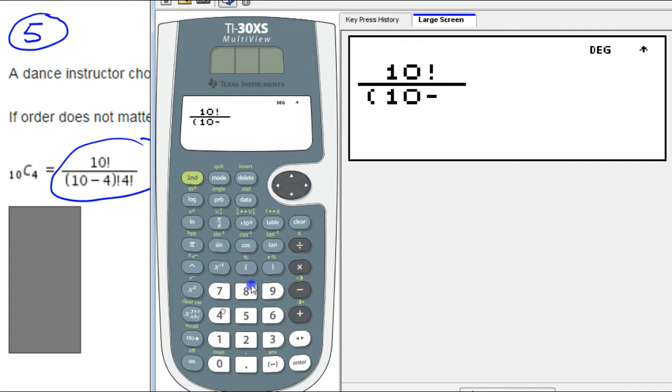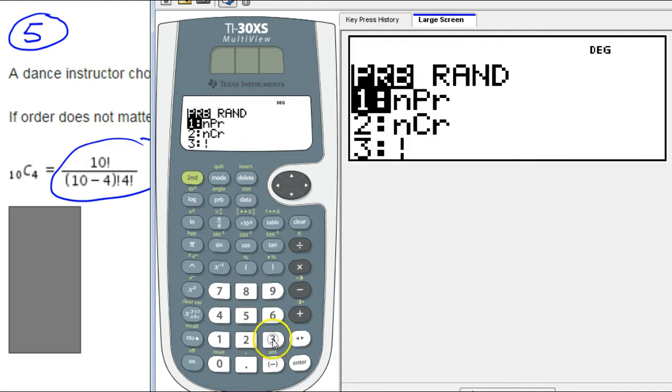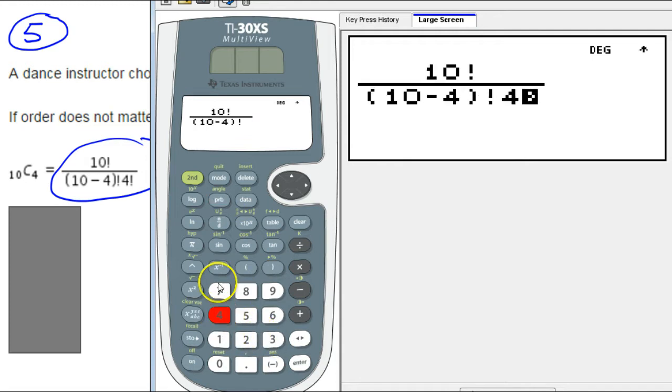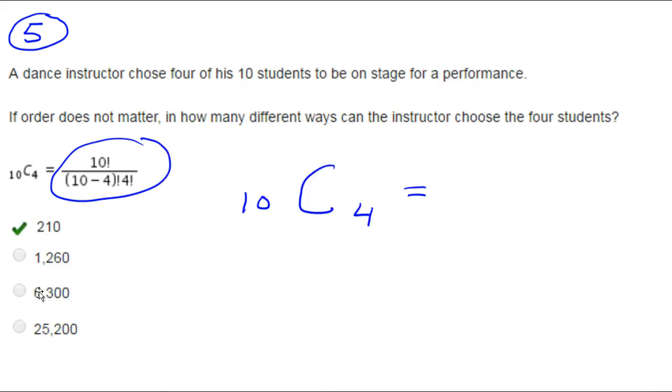Okay, we could do 10 minus 4. And we need that factorial again. And then 4 factorial one more time. Okay, so either way you get 210, but obviously the first way I did it is the fastest. Okay, that's why it's 210.